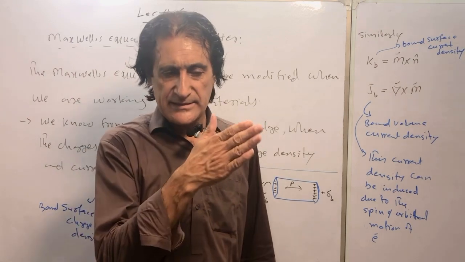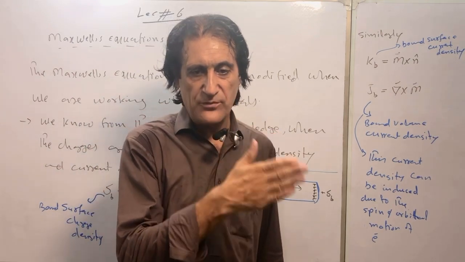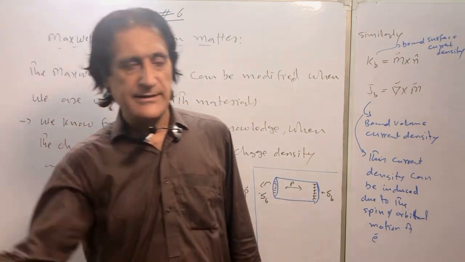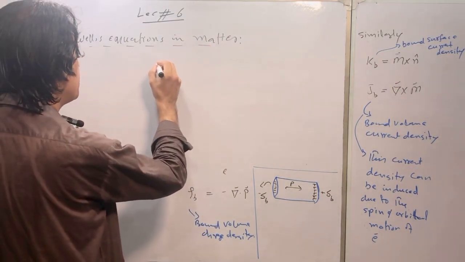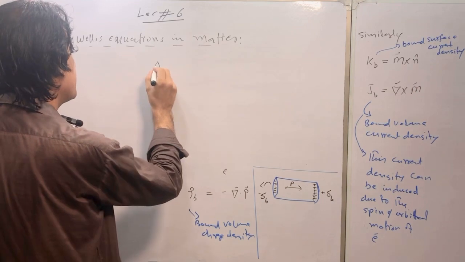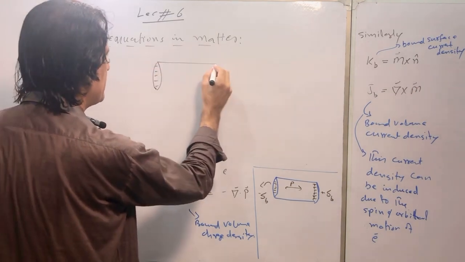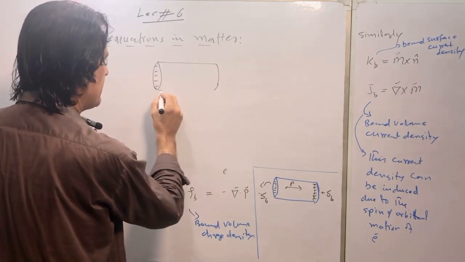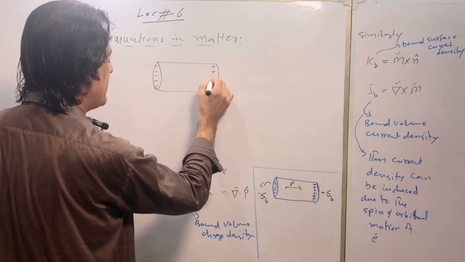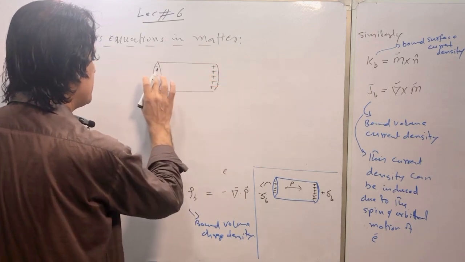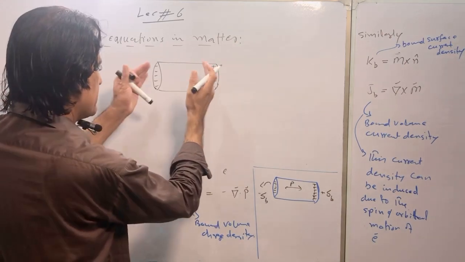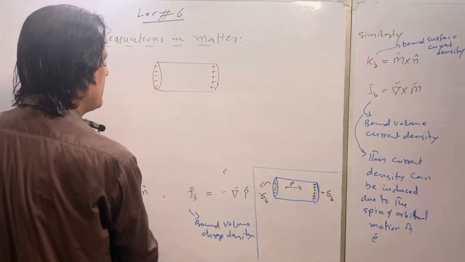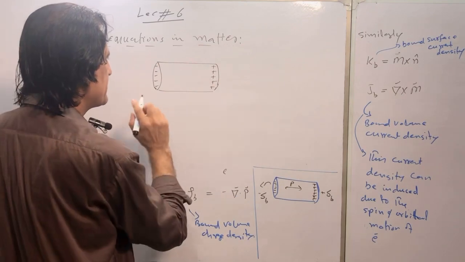But these bound charges do not move from one point to another. Consider this cylindrical shape. Here we have some positive charges, some negative charges, and some positive charges, and there is some polarization between these charges.